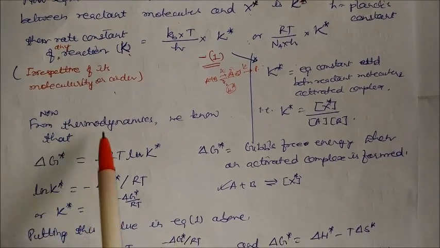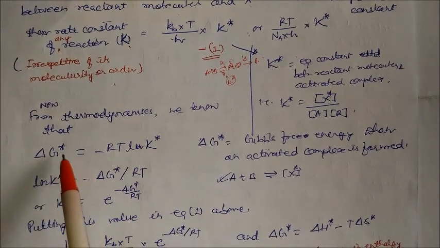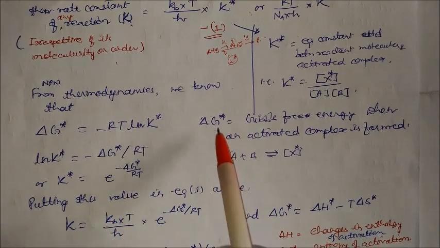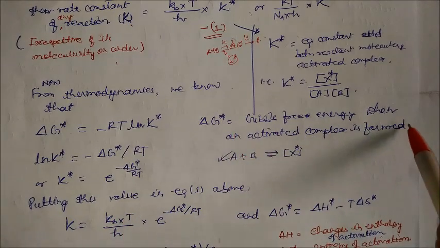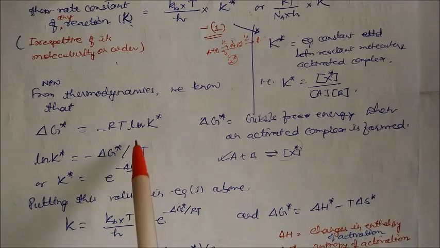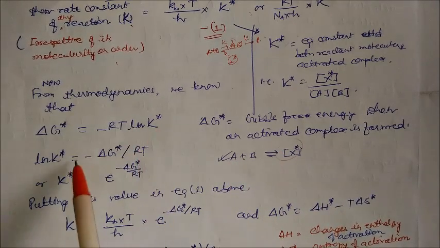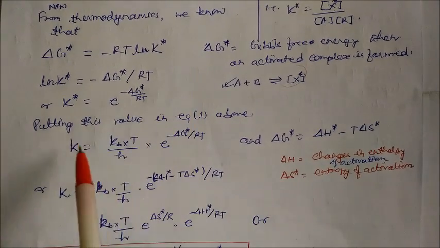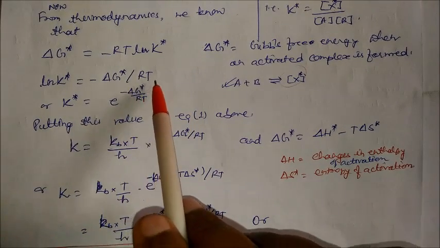Now from thermodynamics we know that delta G star is equal to minus RT natural log of K star. Delta G star is the free energy change when an activated complex is formed. So we can write natural log K star is minus delta G star upon RT, or K star is equal to e to the power minus delta G star upon RT.